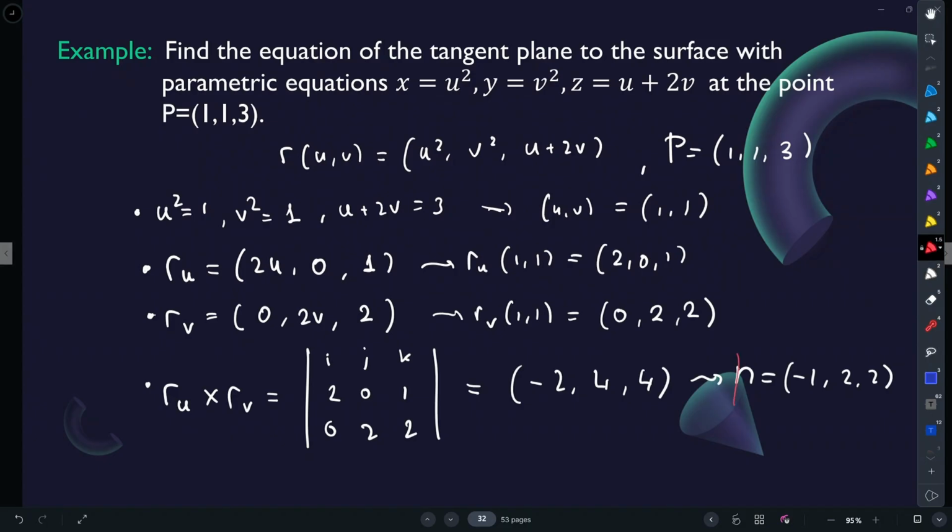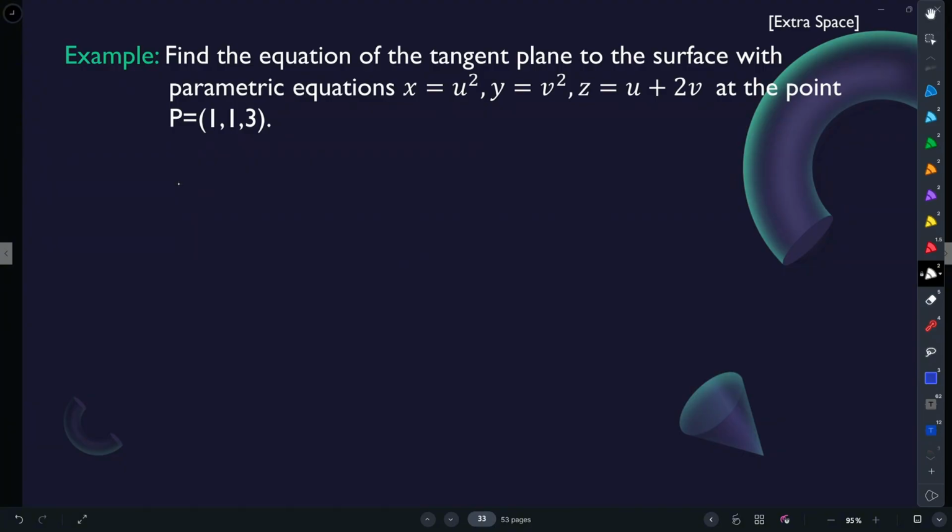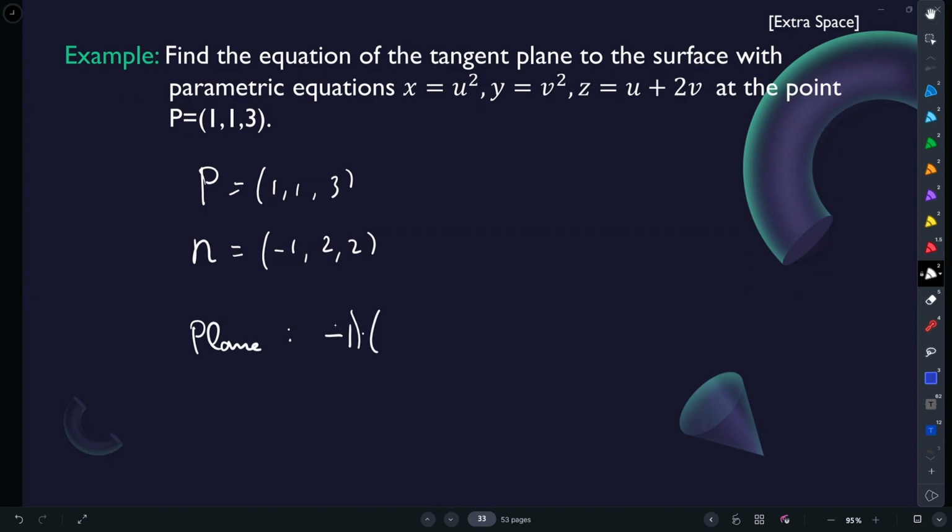And now that I have a normal vector and I have a point, I know how to compute the equation of the tangent plane. We found that I have a point (1, 1, 3) and a normal vector (-1, -2, 2). So the plane will be given by -1 times (x minus 1) plus 2 times (y minus 1) plus 2 times, well, what is that? (z minus 3) equals 0.